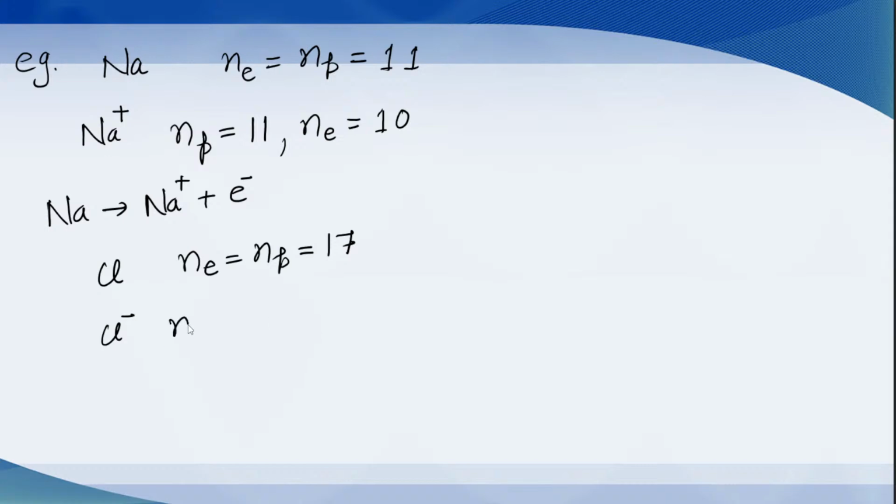But in case of Cl negative, number of protons are same, but number of electrons now is 1 greater. This is the case. So atomic number is not the same as the number of electrons in an ion. In case of ion, number of electrons are different.